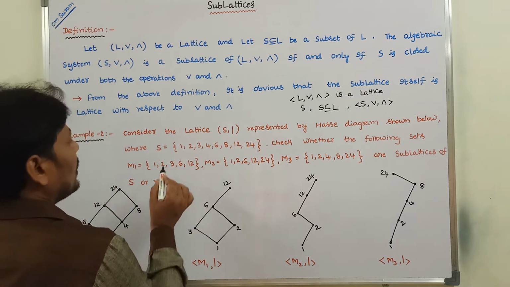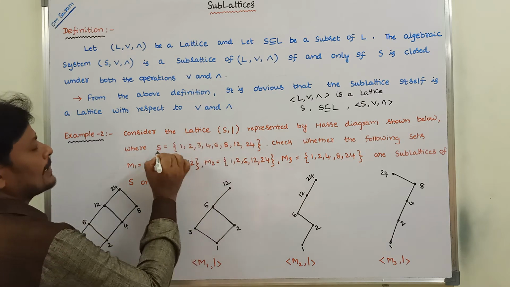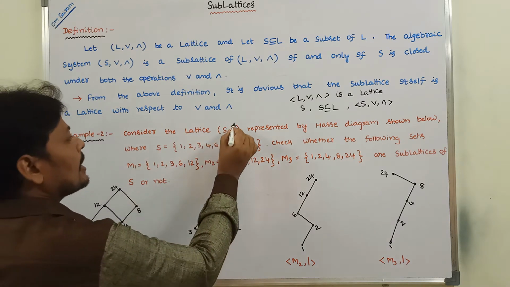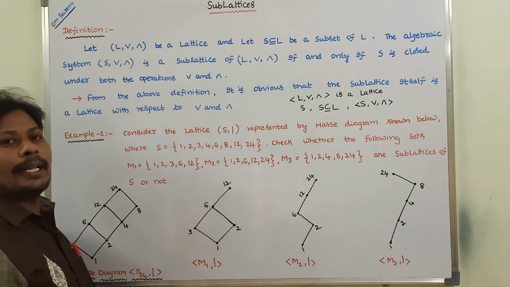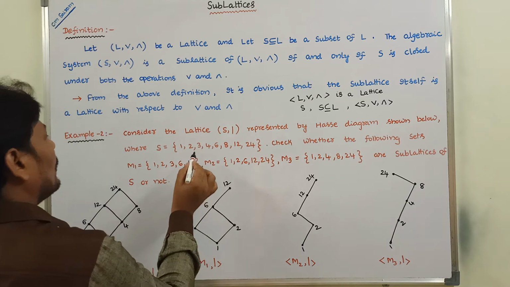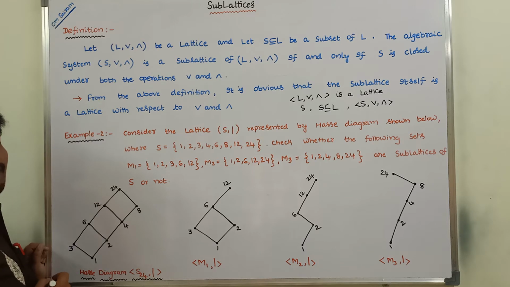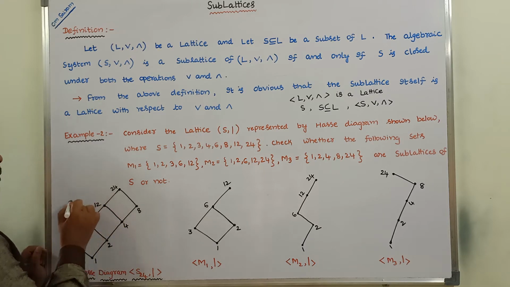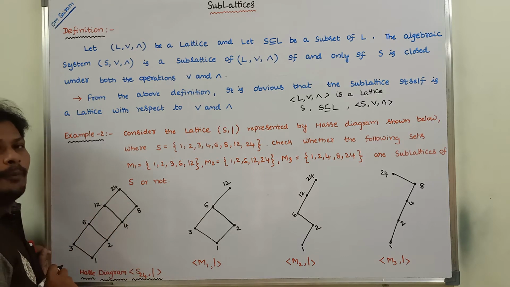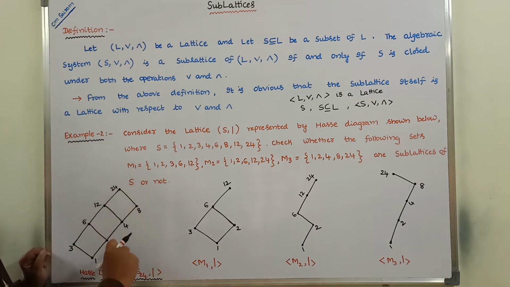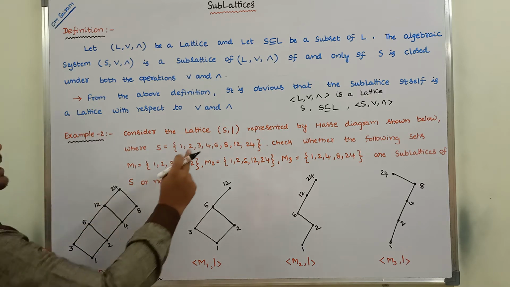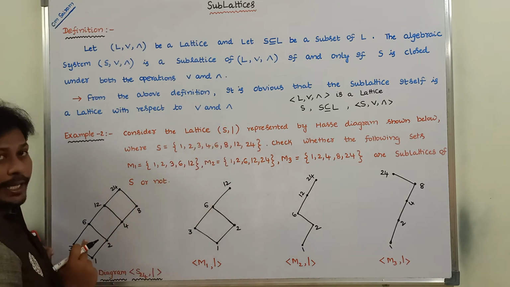So this is the finite set S and the division relation. We have to draw the Hasse diagram for S with the division relation.